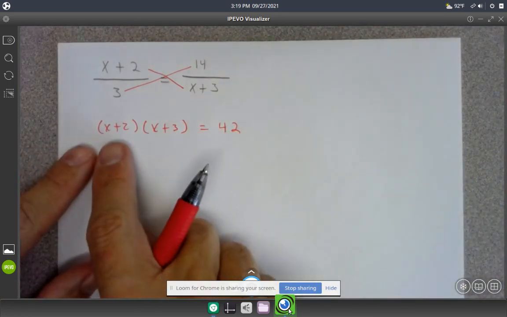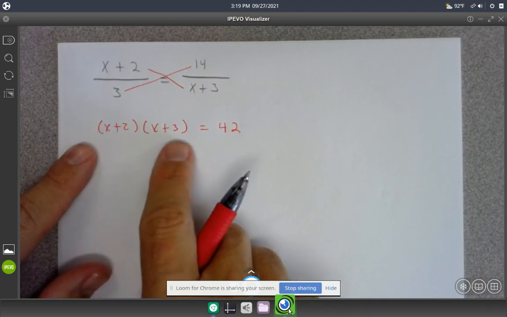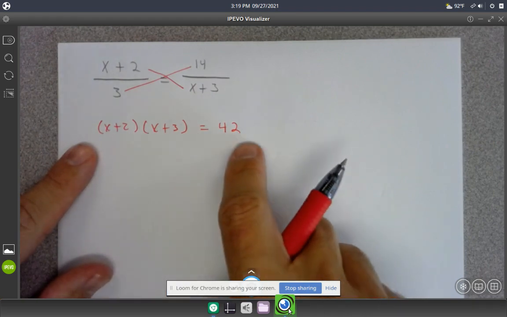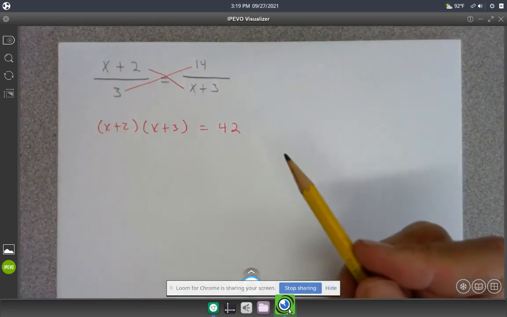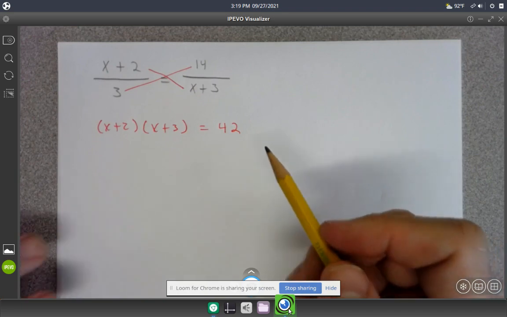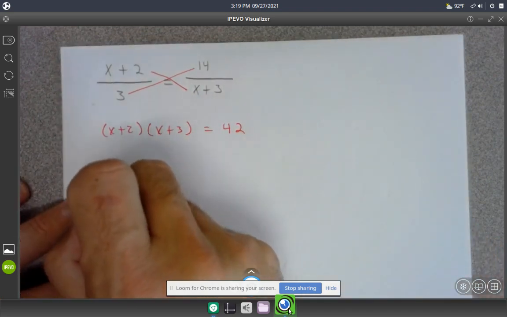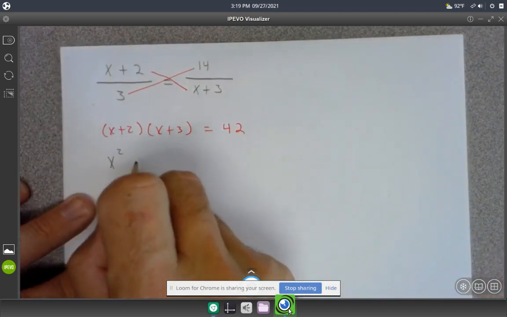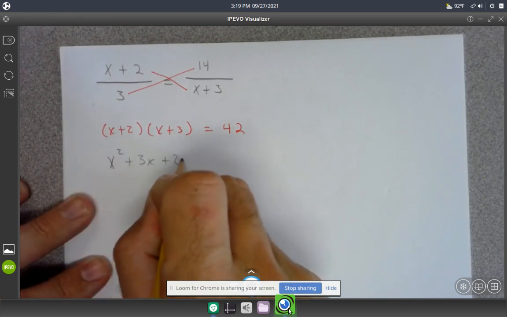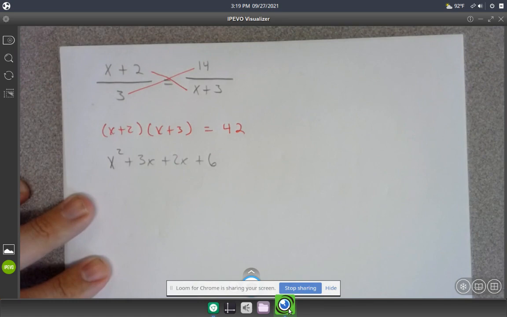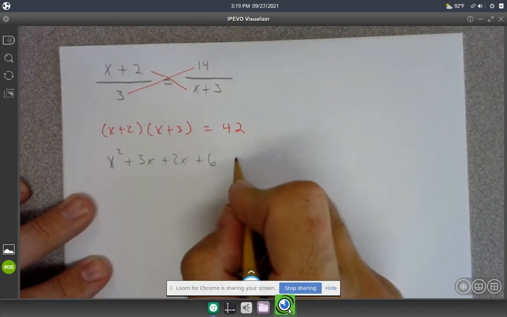All right. So I'm going to multiply all this out and then move my 42 over to this left-hand side. If this was equal to 0, it'd already be ready to solve. But it's not. So I got to multiply this out. It'd be x squared plus 3x plus 2x plus 6 when you do all the distributive.